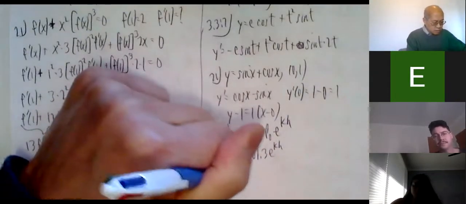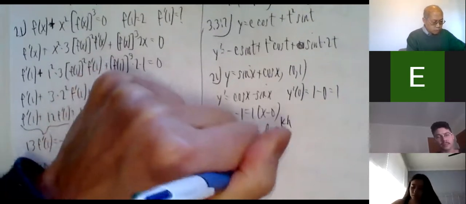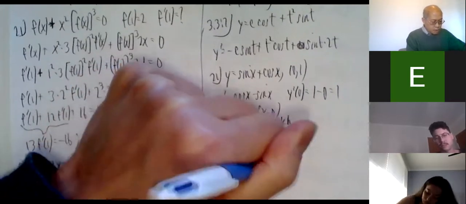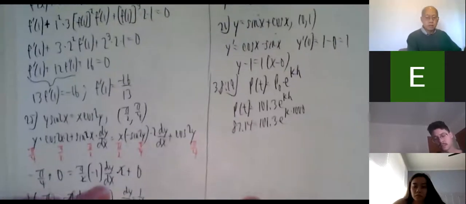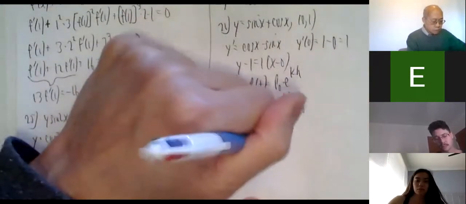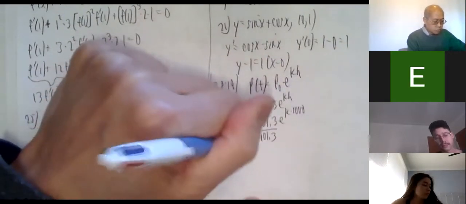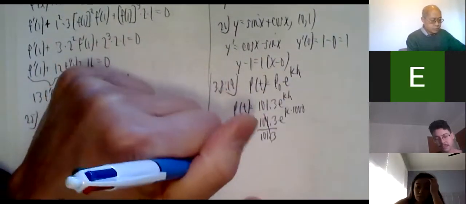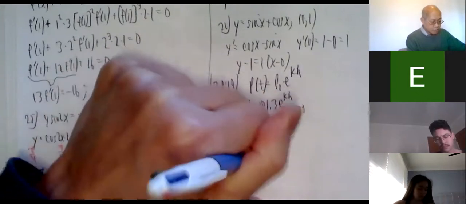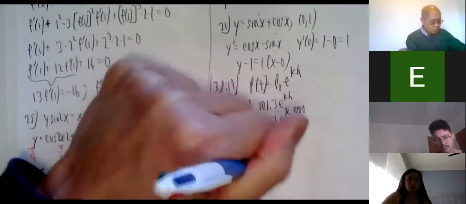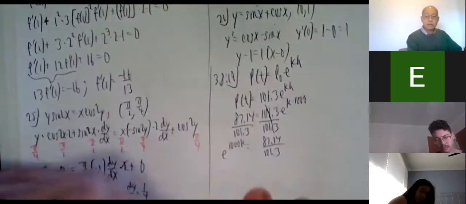So 87.14 equals 101.3 e to the k times 1,000. Divide by 101.3. e to the 1,000 k equals 87.14 over 101.3.